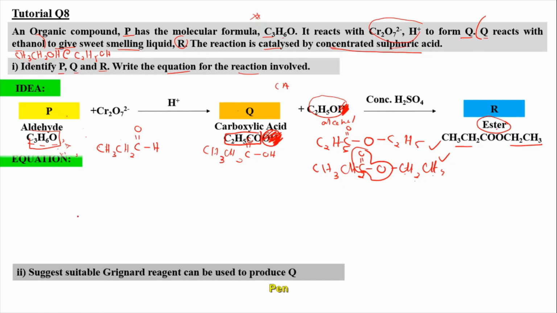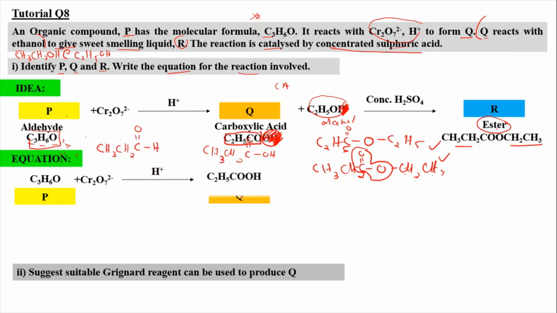So let's say you have your aldehyde here, which is P, C3H6O, you can react that with a chromic acid, which is H+, in order to produce a carboxylic acid Q. So this is the first equation here. Okay, and you can also draw it like this, it doesn't matter.